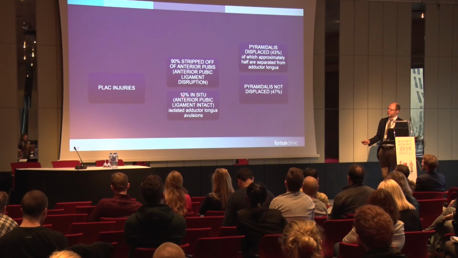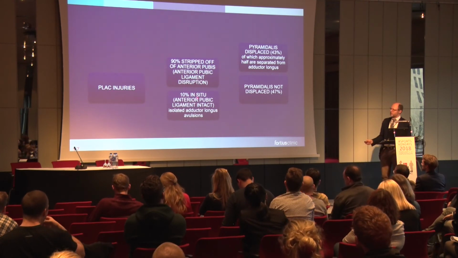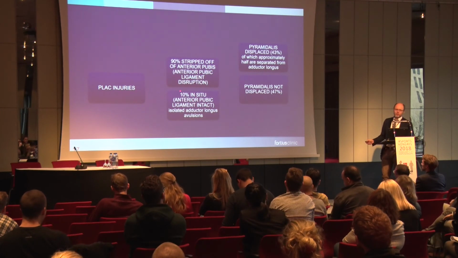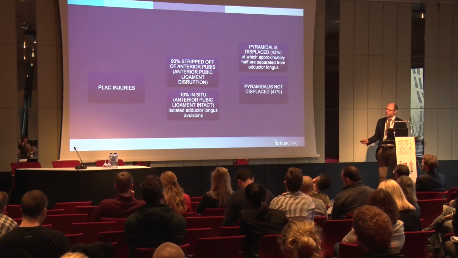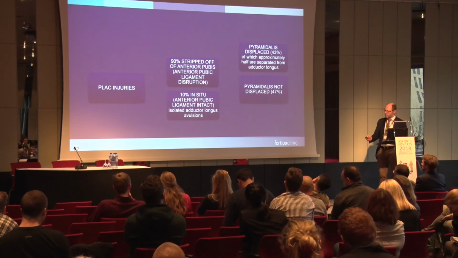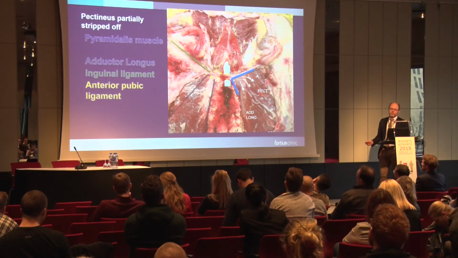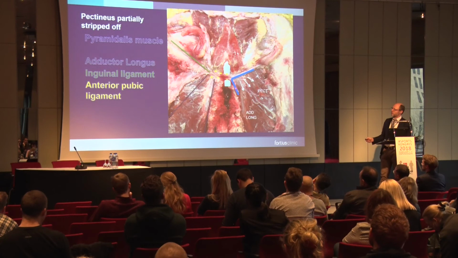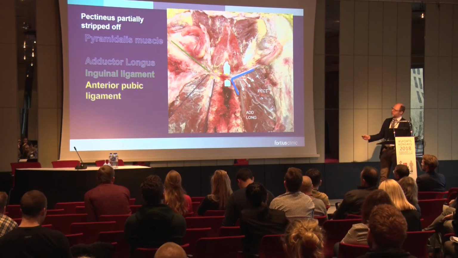When the plaque remains in situ and the anterior pubic ligament stays intact, that's only accounting for 10% of the cases. And these are the really true adductor longus avulsions, because for all the rest, other parts of the plaque are involved. And in the more significant injuries, the pectineus can be partially avulsed as well. So it's actually like you're pulling on a curtain and it comes down partially.